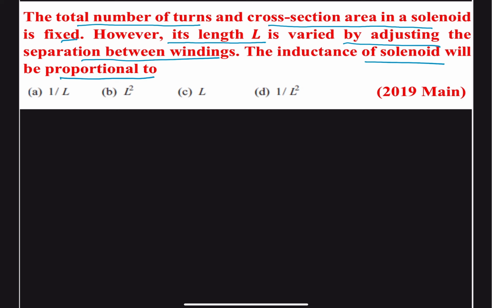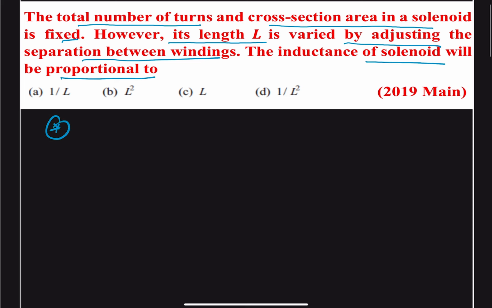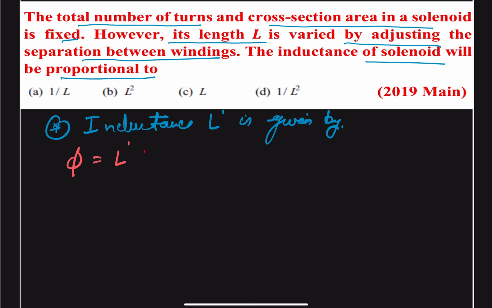We can say that inductance L prime is given by phi is equal to L prime multiplied by I, where L prime is the inductance of the coil and I is the current.